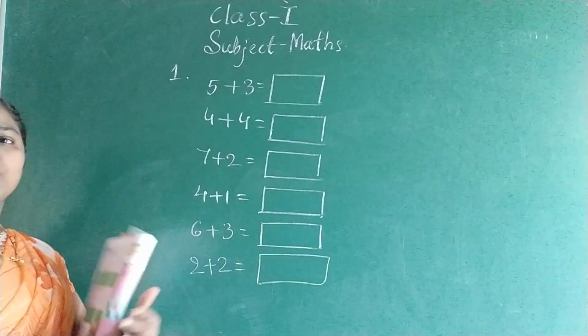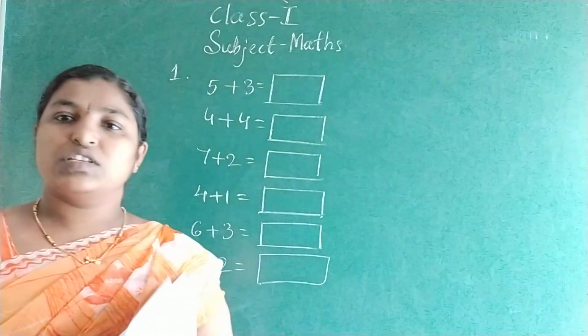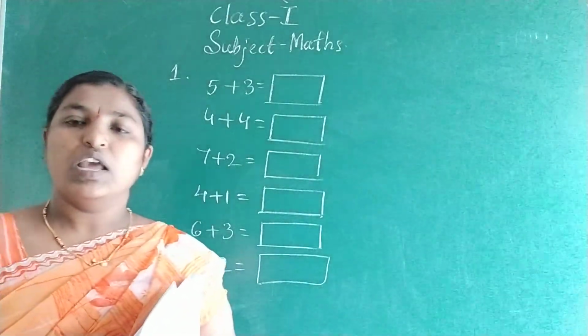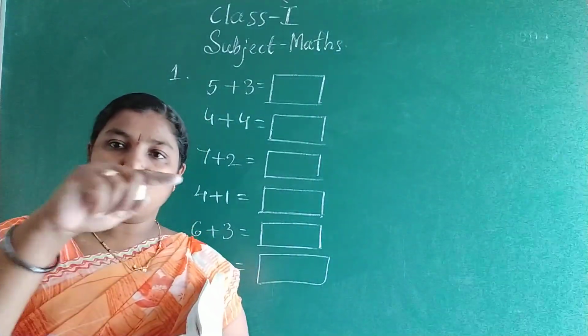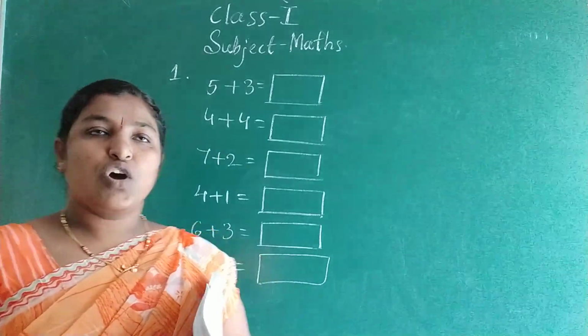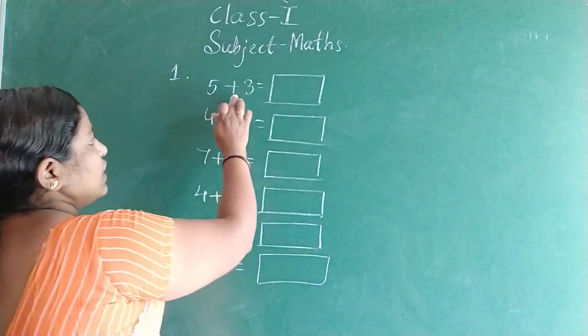Okay, we will do the addition of this. This is horizontal because these numbers are in a row. So, addition horizontally. 5 plus 3.